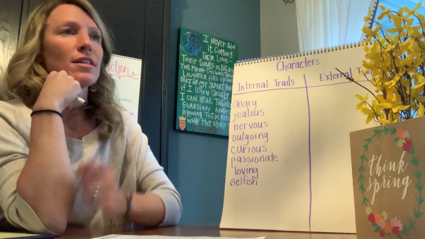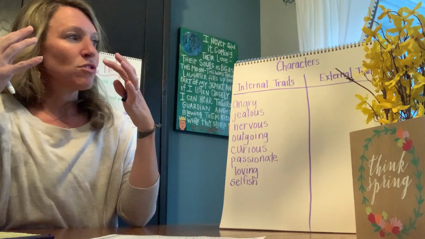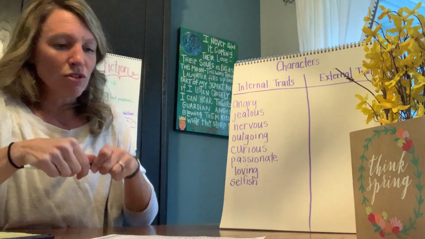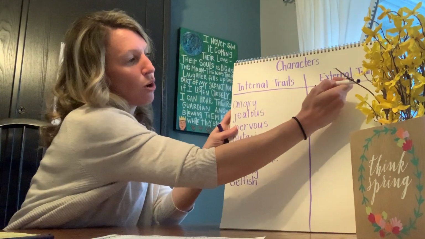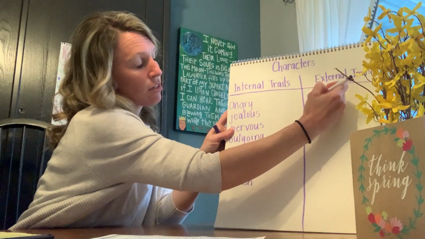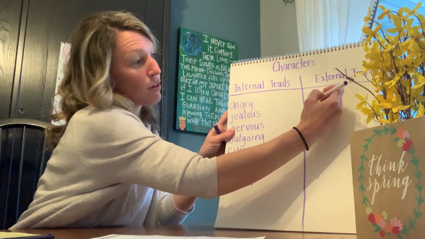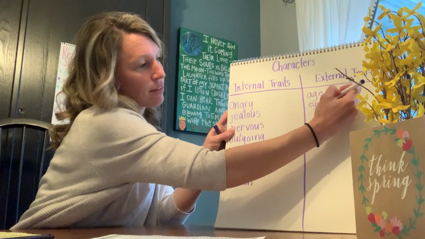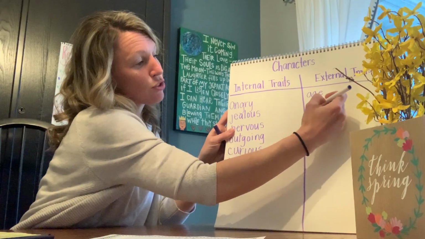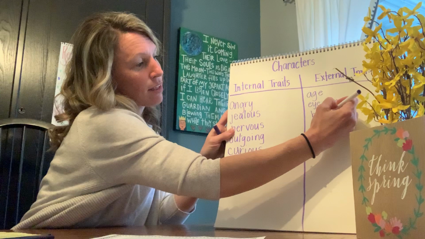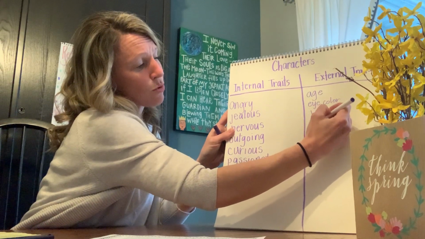So those are all things that describe them. So as you're thinking about external traits, you're going to want to know your character's age, their eye color. They have long hair or short hair. If they're tall or if they're short.